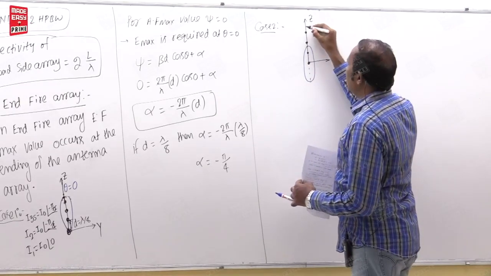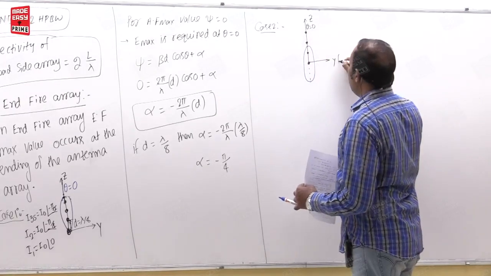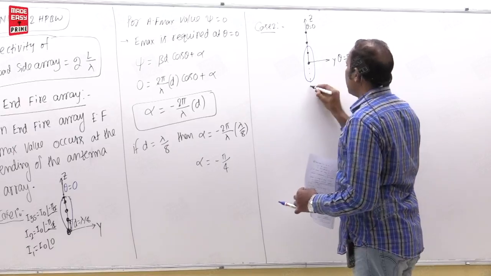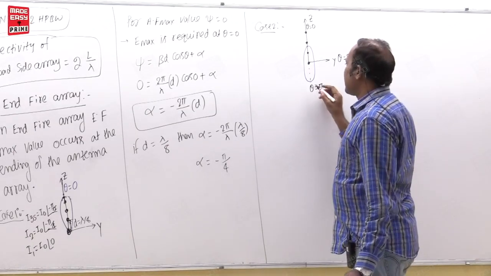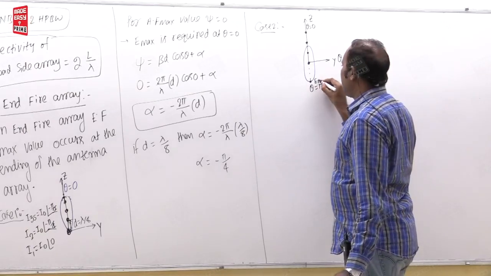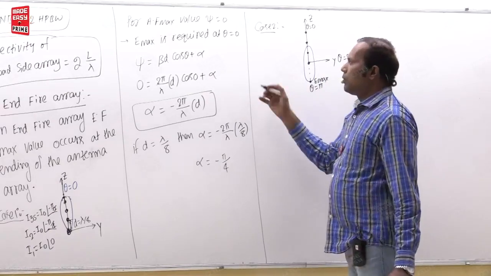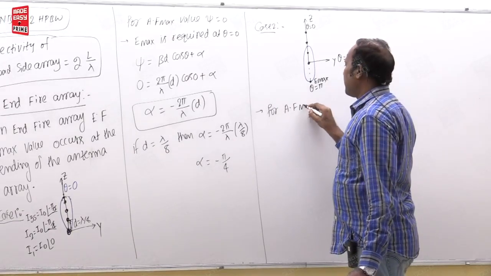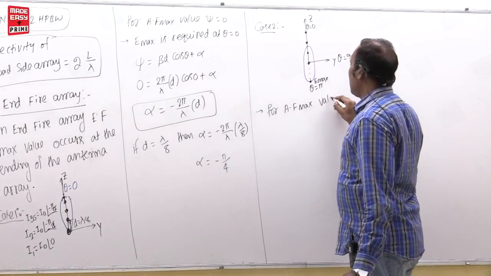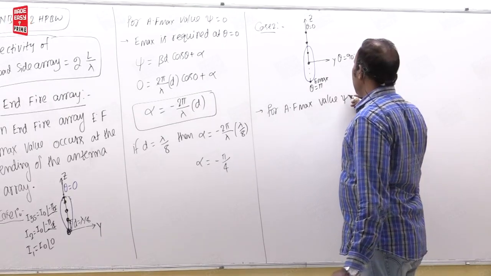This is theta is equal to 0. Here theta is equal to 90 degrees. Here theta is equal to 180 degrees you want. So in this case this is the maximum electric field required. So now for array factor maximum value psi you need 0.